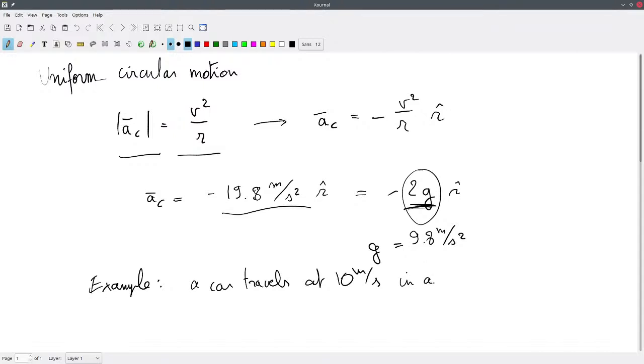And this is in a circular curve, since we're talking about circular motion, with a radius of 100 meters. So the question is now, what is the magnitude of the centripetal acceleration? I'll give you a minute to calculate that.